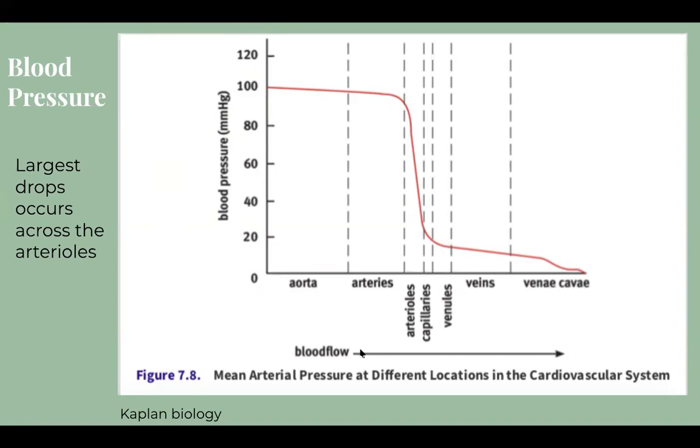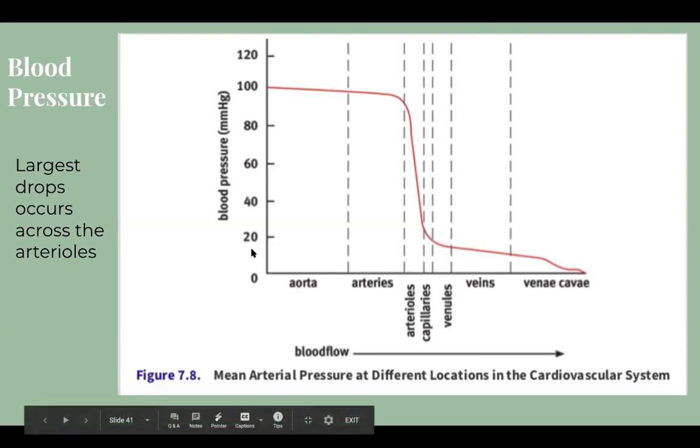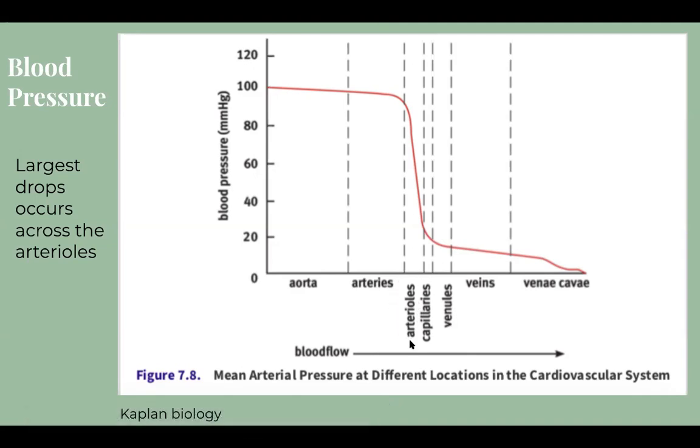This drop occurs because these tiny blood vessels are so small in diameter that they put up a resistance against the blood pressure. Important to note that the largest drop actually occurs at the arterioles and not capillaries.